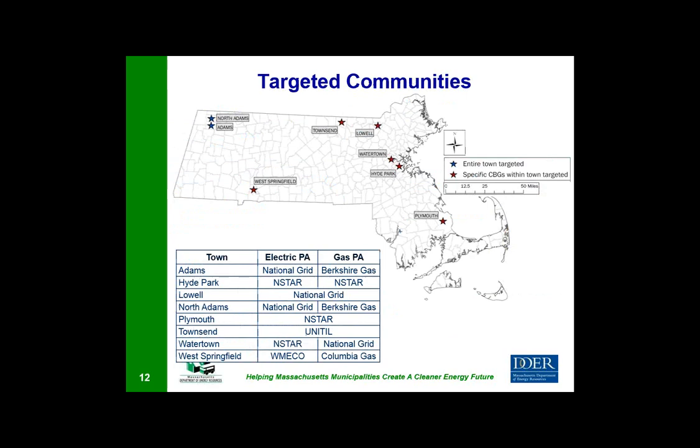And it may be hard to see the color differences, but if you look up, you see that North Adams and Adams, those stars are blue, which indicates that the entire town was targeted as part of the initiative, whereas in all the other communities, the initiative targeted just particular neighborhoods or census block groups within that town. So block groups that held a significant percentage of the target customer groups. But as you can see, it was really run across the state.